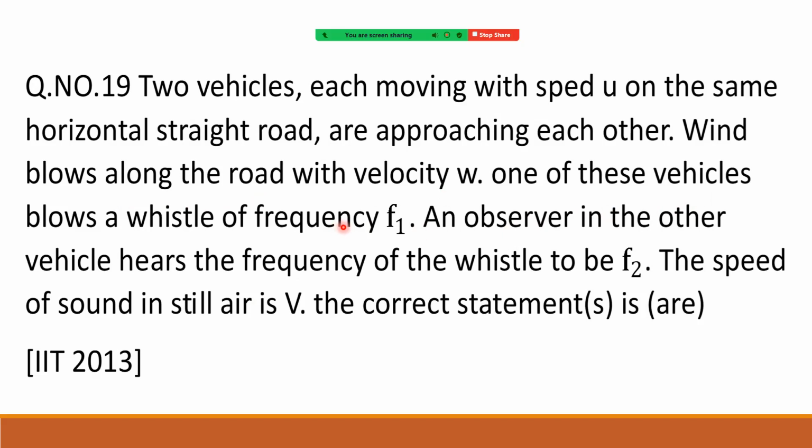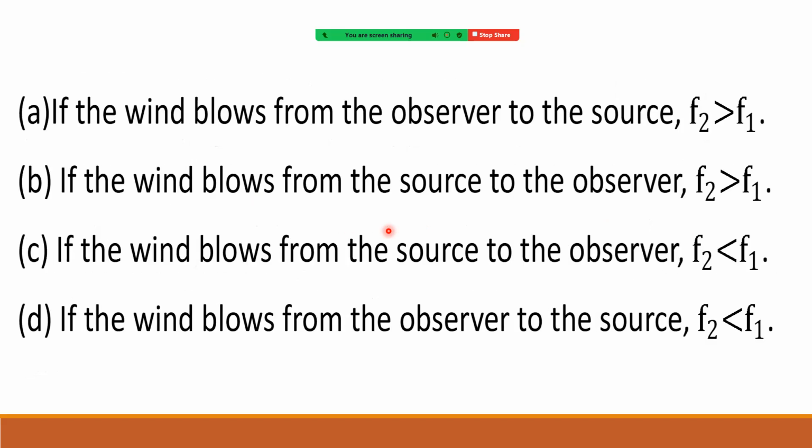So we have to see the options. See the first option: if the wind blows from observer to source, what is the relation between f1 and f2? Wind blows from source to observer, again the relation. That means we have to focus on wind blowing observer to source, and source to observer, then the relation between f1 and f2. Let us see how to verify these options.